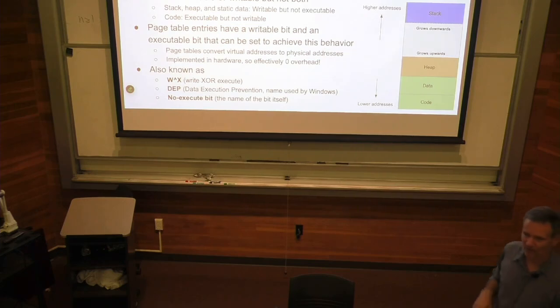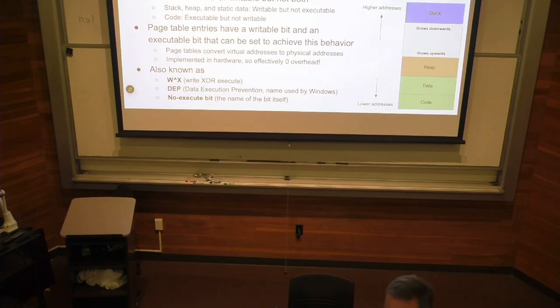Programs always deal with virtual addresses. The integrated circuit deals with physical addresses, so the virtual memory subsystem translates virtual addresses to physical addresses. It does that by looking up what page the memory address is in and then finding out where on the chips that corresponds to.